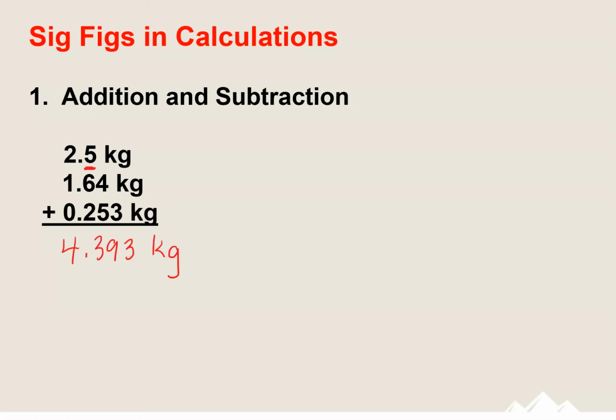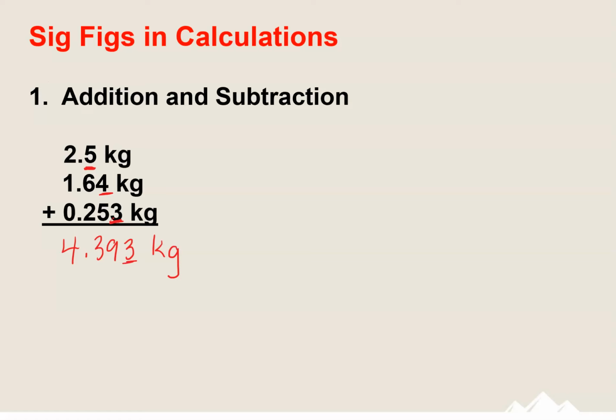Now what I'm doing here is a habit that I came up with myself. I don't know where I got this from, but you're welcome to use it. What I do is I underline the last significant figure, which you remember by definition is the uncertain digit in the measurement. And if I were adding the long way, as I did in elementary school, I would see that if I added down the columns where the numbers were lined up with the decimal points one above the other, if I add up a column that has an uncertain number in it, the result will be uncertain.